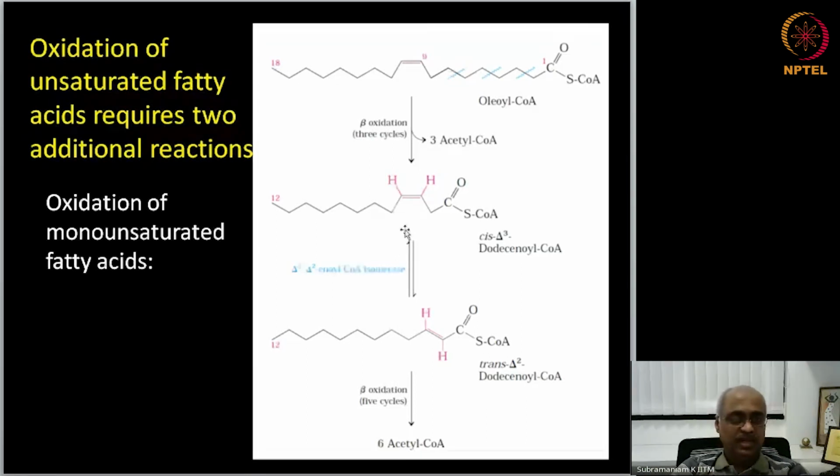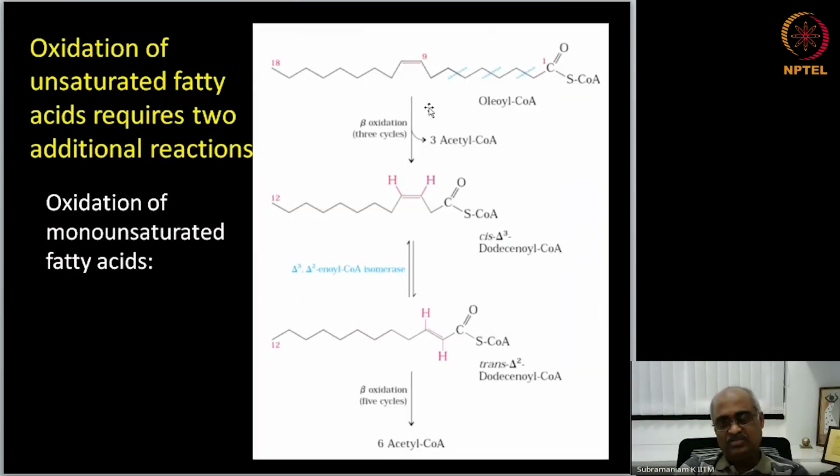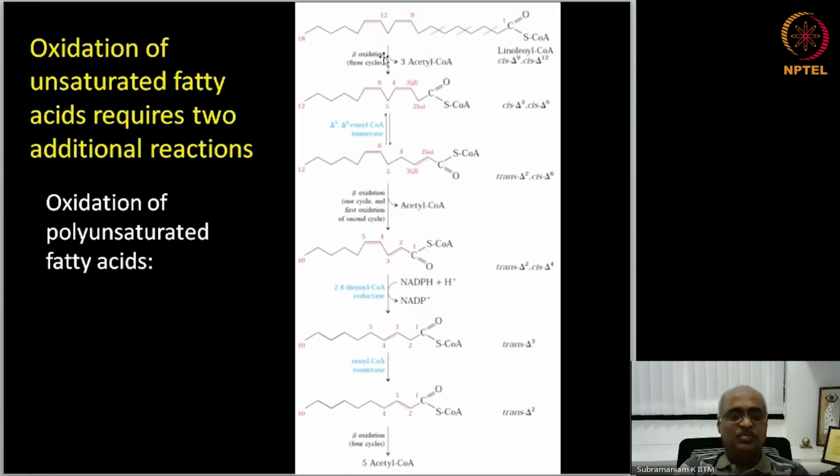So if you have a situation with polyunsaturated fatty acids, you need one more enzyme. For monounsaturated, simply one isomerase is good enough, then the rest can continue. If you have a polyunsaturated, I'll just blow this up a bit.